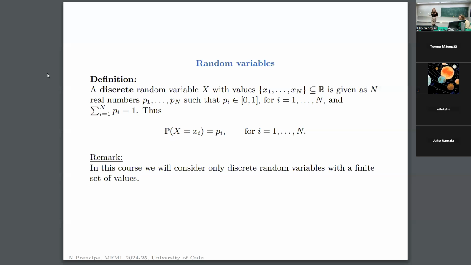Let's start from the discrete case, and by discrete here I mean discrete with a finite number of values. A discrete random variable is usually called big X, with values from n values, tiny x1 to tiny xn, that are real. We're always considering real random variables here. So how do we characterize it? How do we define it?